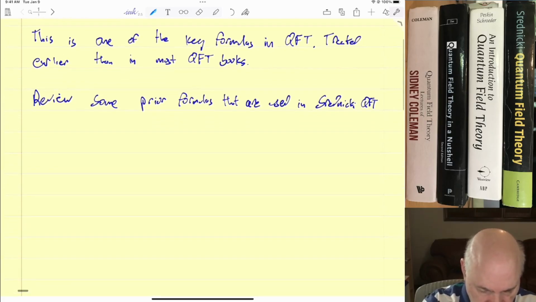And we have the definition of a single particle state operating on the vacuum or the ground state.